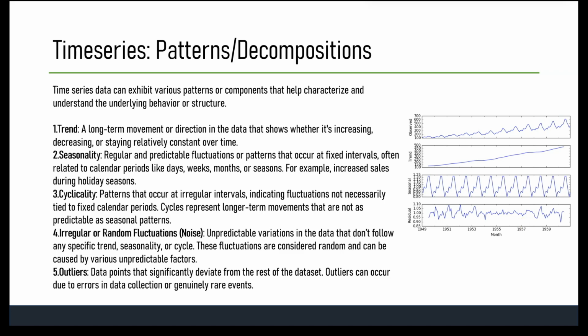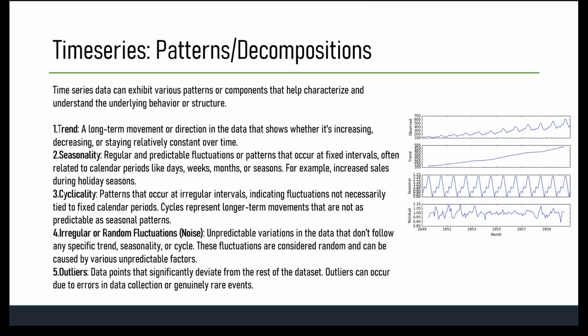Cycles might span several years and can be influenced by economic factors, business cycles or other non-seasonal patterns. Understanding cyclicity assists in recognizing broader economic or business trends. It aids in strategic planning and risk management.